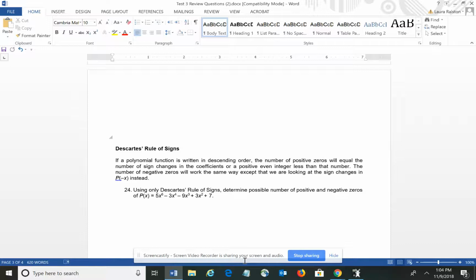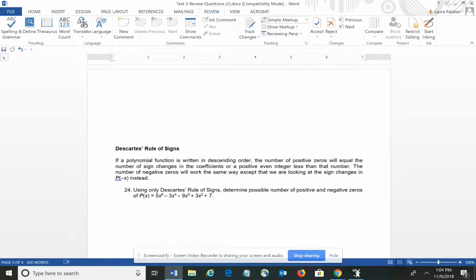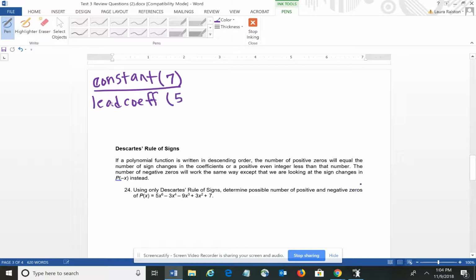For example, if we use the rational root test here on question 24, although it's not the question that's asked, if we look at that rational root theorem, which is a relationship looking at the constant, which for this problem is 7, in relationship to the lead coefficient, and for problem 24, that is a 5.